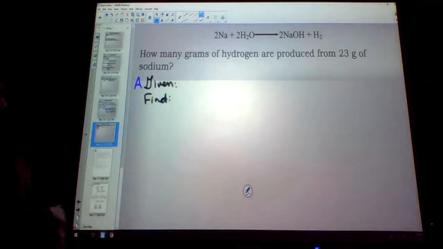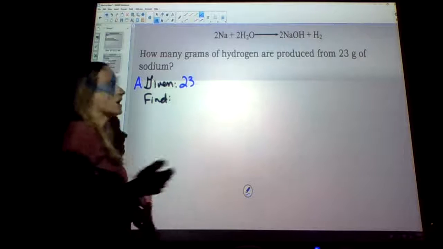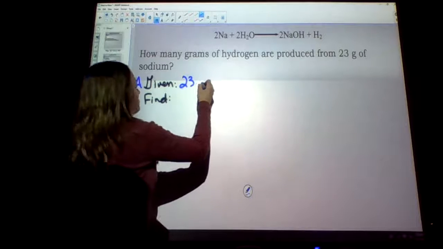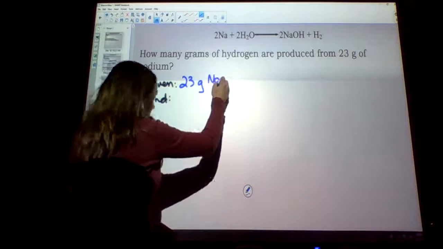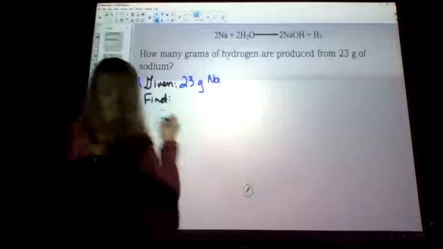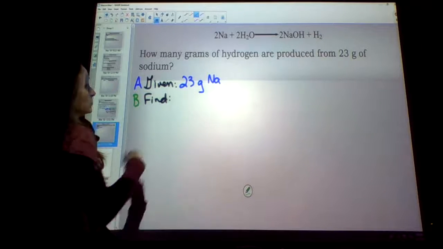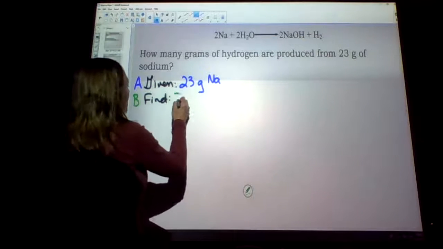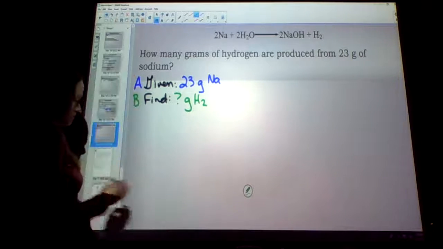Our given is A on our double mole diagram: we're given 23 grams of sodium. What we're trying to find is B on our double mole diagram: how many grams of hydrogen are going to be made.